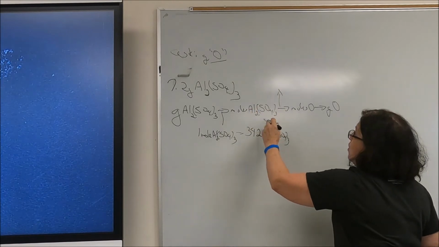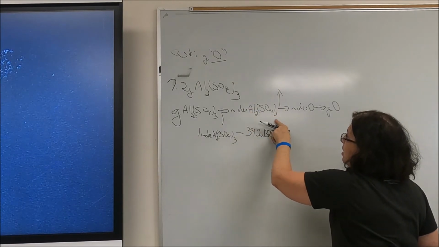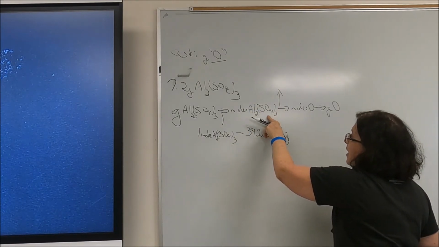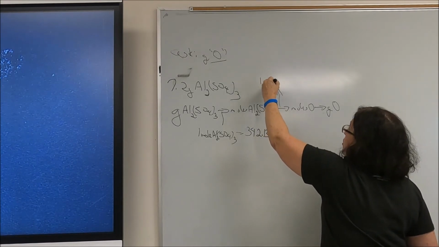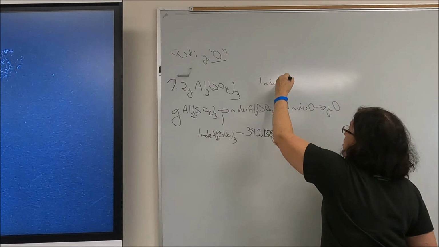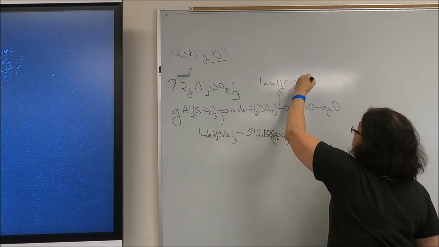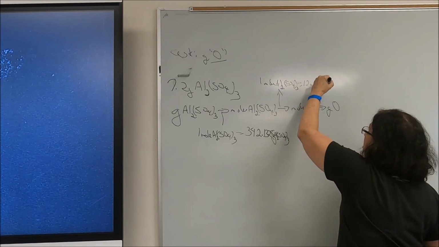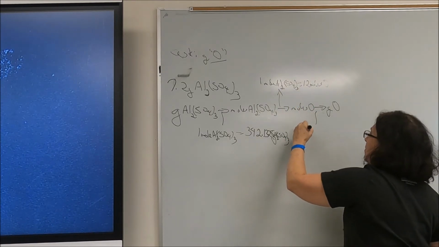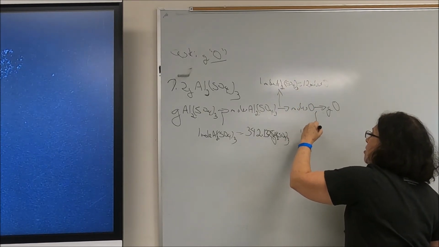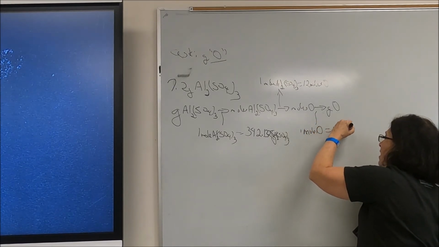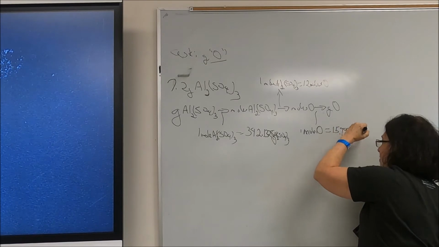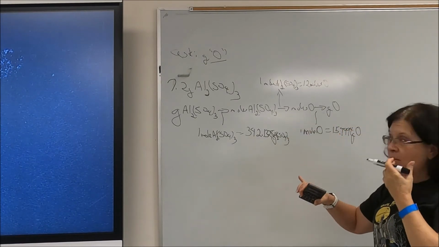Now, looking at the formula, for every 1 aluminum sulfate, there are 4 times 3, 12 oxygens. So 1 mole of aluminum sulfate contains 12 moles of oxygen. And then 1 mole of oxygen has a mass of 15.9994 grams. So I have all my tools.